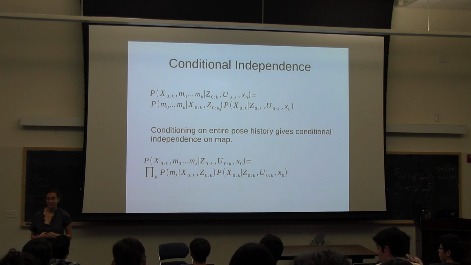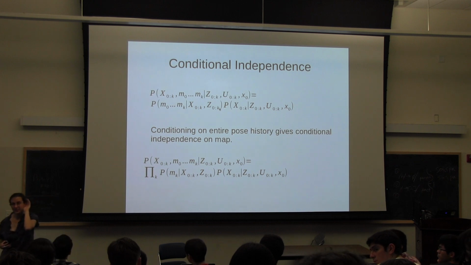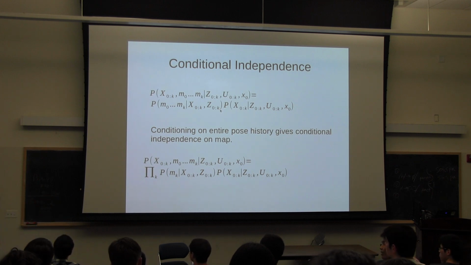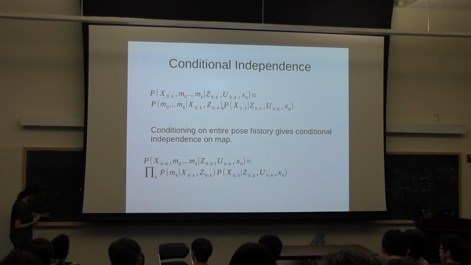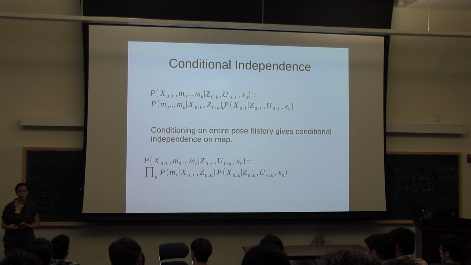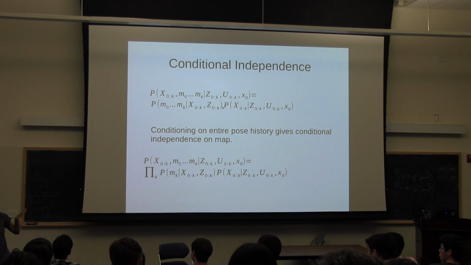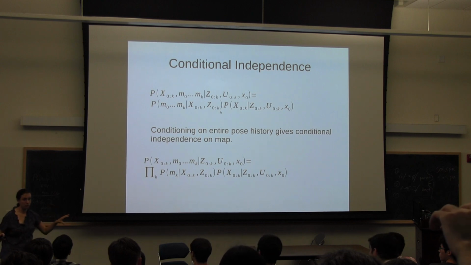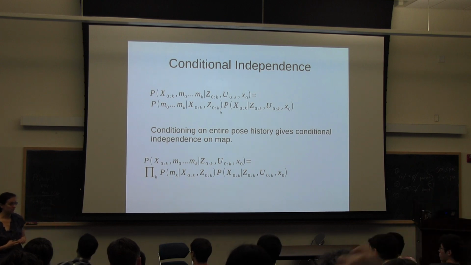Locations? Just locations? Yeah, that's exactly right. Landmark locations. No covariance. This is where my landmark is. Every particle is a hypothesis about the complete map with no noise on it and the complete trajectory.